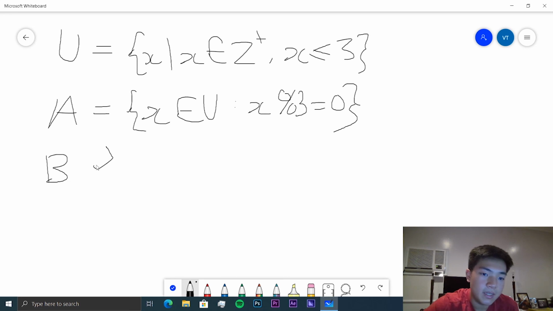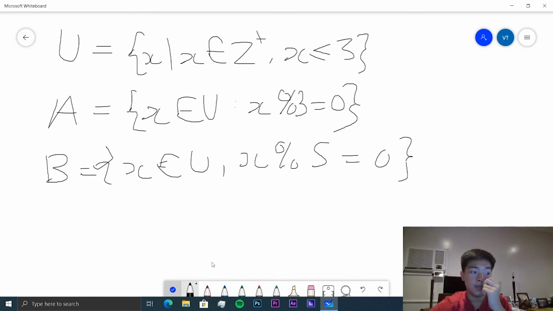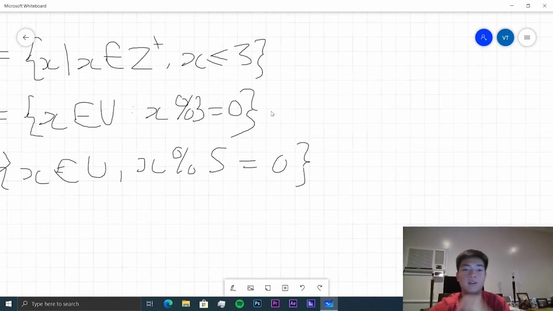And finally, B is equal to X that is part of U, and X is a multiple of 5. So we need to use a Venn diagram to represent this information and then find the following probabilities.